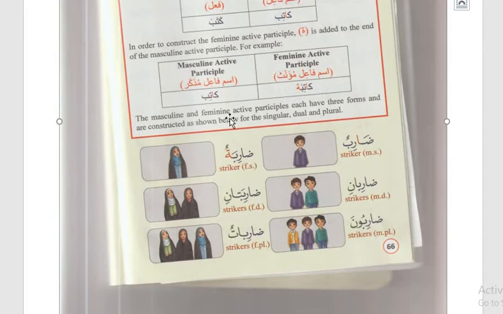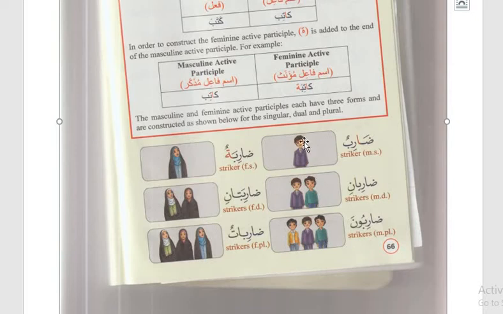The masculine and feminine active participles each have 3 forms and are constructed as shown below for the singular, dual, and plural. So the masculine and the feminine here, each one has 3 forms.